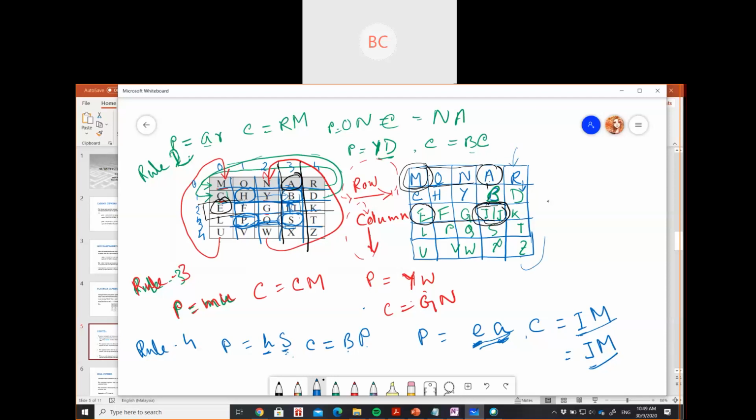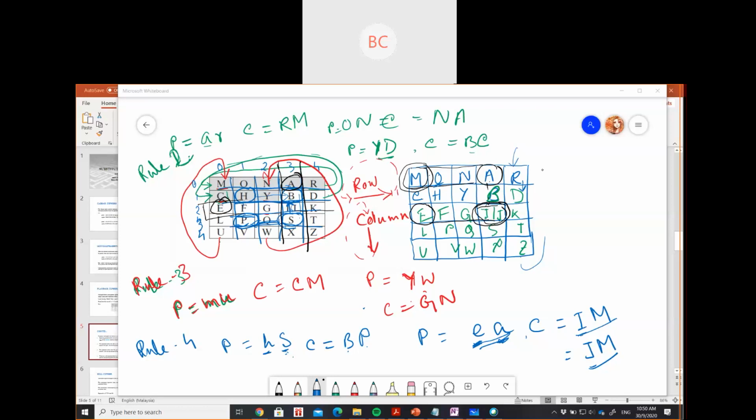And in rule 4, the other one, what it does, neither does it take the row wise thing nor the column wise thing. It checks the location of the plain text letters. Based on the plain text position, it's going to replace them with the other letters which are in the same row and column. So in this case of E and A, you just get the location first, then you map.